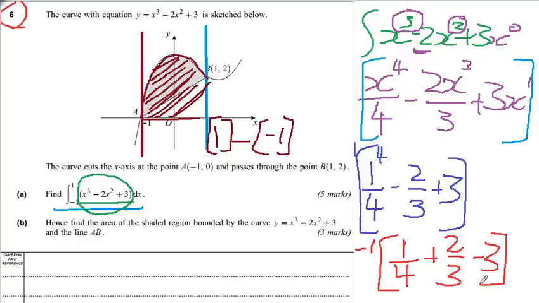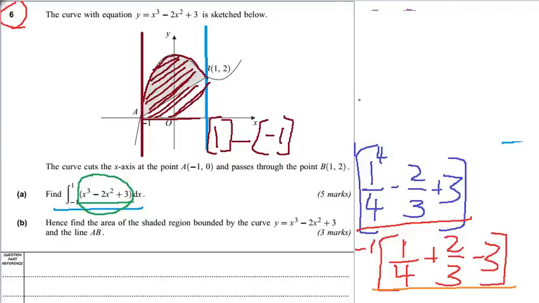Okay, so there you go. So then you take this one, the blue one here, what we got when we had 1, take away what we got when we had minus 1 here. Right, and I hope you can see I am going to run out of space here. Get rid of what's on the top here. Might give me some extra room to play with. So the 1/4 minus 1/4 is going to be nothing.